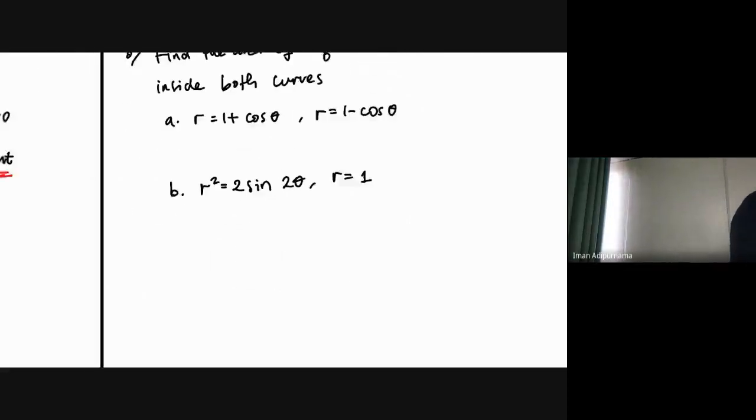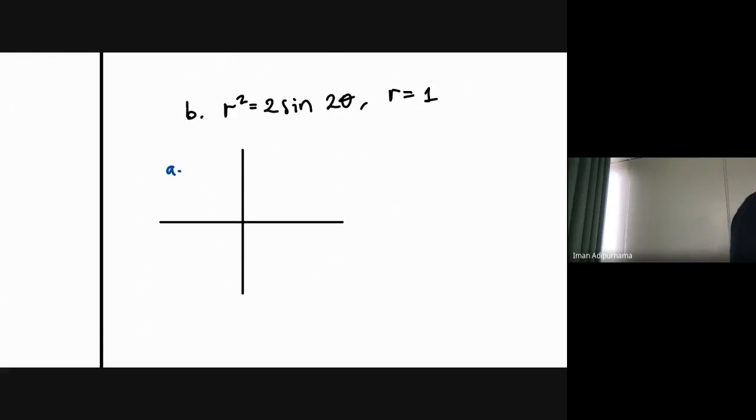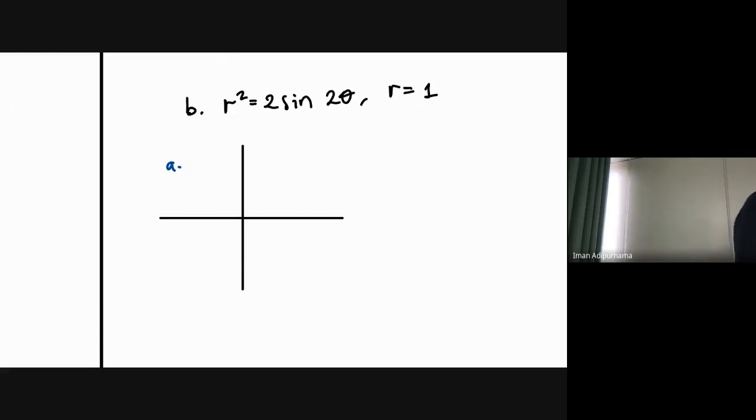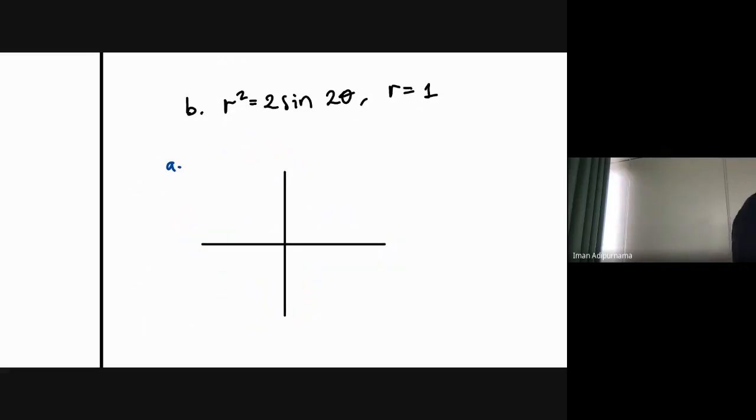Okay. Maybe let me draw first to help. And remember, when you draw, and if you see any symmetry, I suggest using the symmetry in your calculations to simplify the answer. So this will be, okay, suppose the first cardioid and the second one.